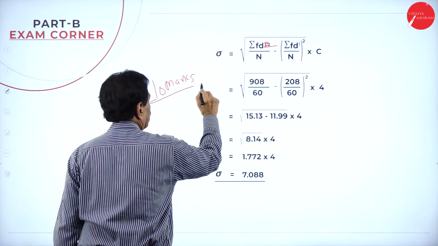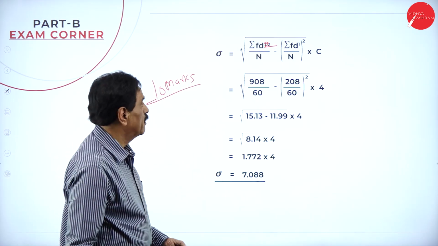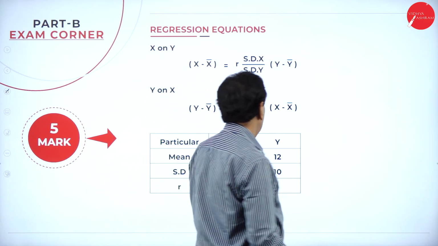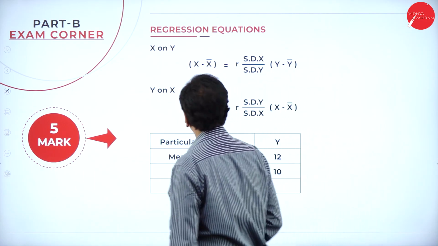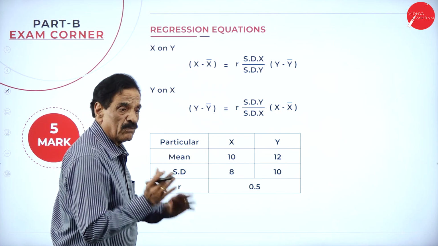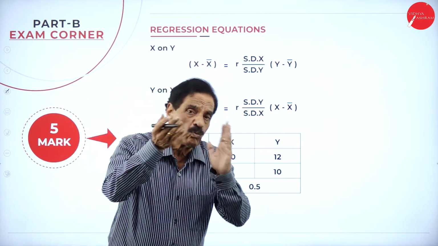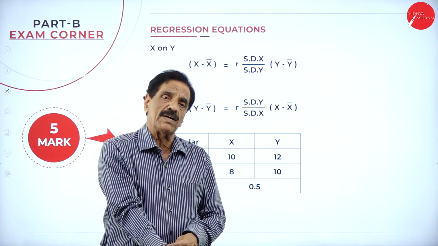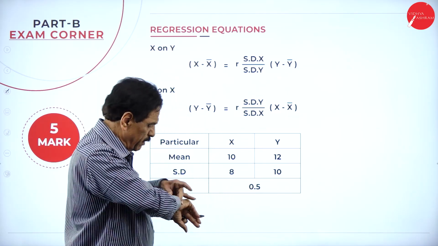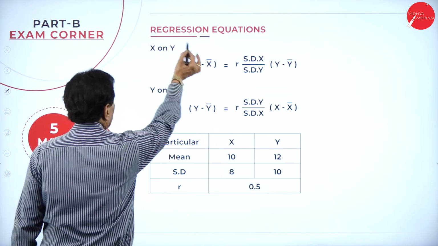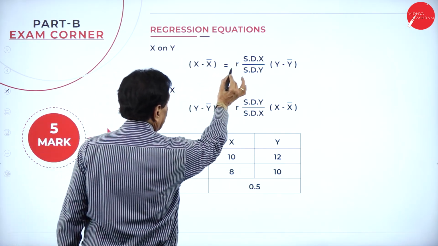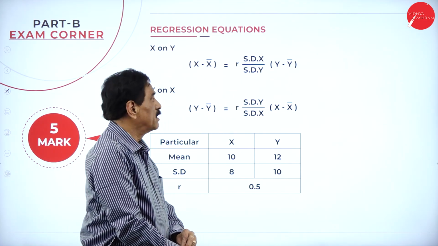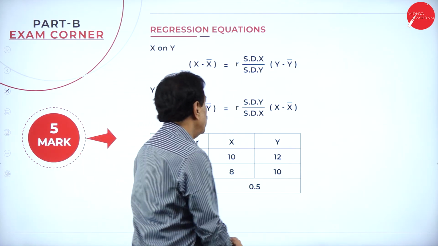Very, very simple, this is considered for 10 marks. Then there is one called regression equation. X on Y regression. What is regression? One variable acting on another variable. So when one variable acts on the other variable, it is considered X on Y. X minus X mean equals r, where r means correlation, into standard deviation X divided by standard deviation Y, into Y minus Y mean.